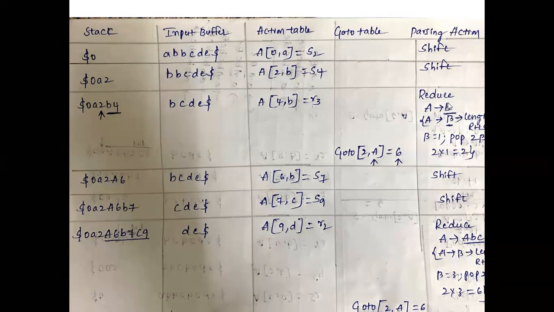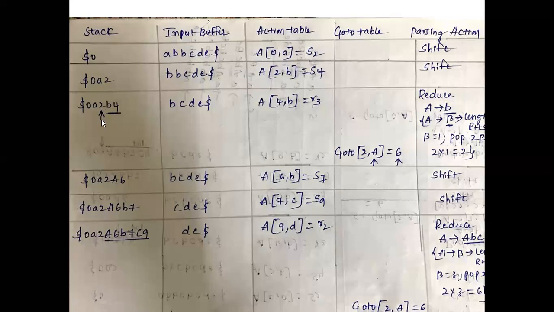Here it is 1. Now we need to pop 2 beta, that is the length of the RHS is 1, so 2 into 1 is 2. We are popping this 4 and B. After popping, we need to perform the go-to function. What is on the top of the stack after popping? 2.